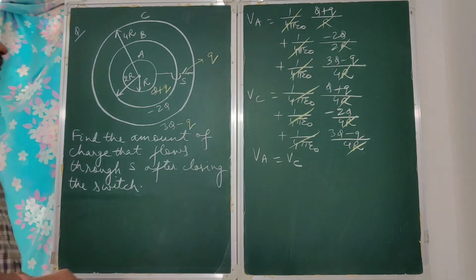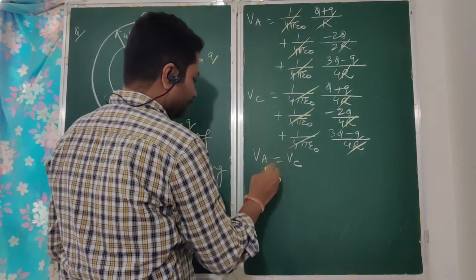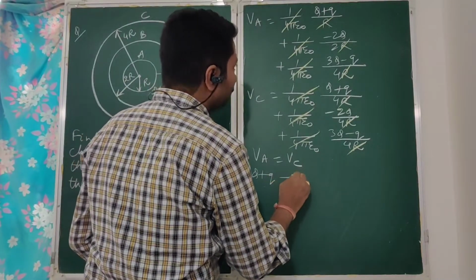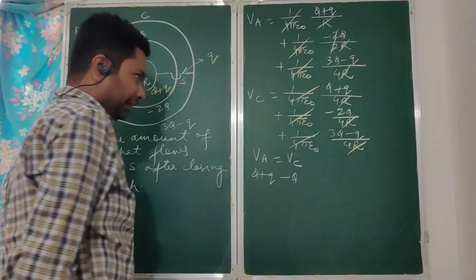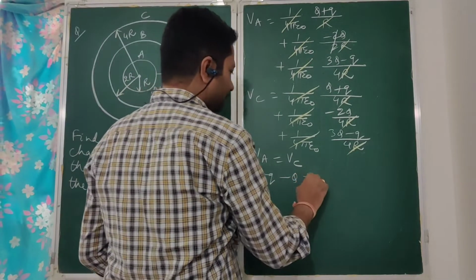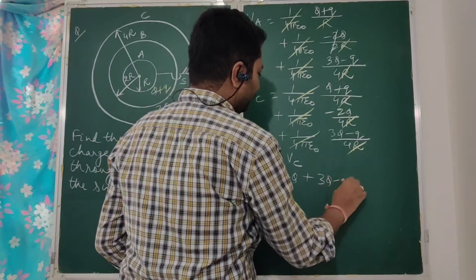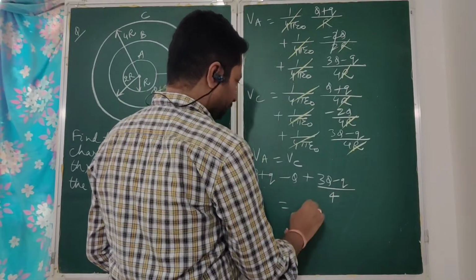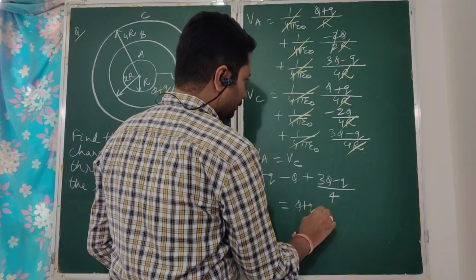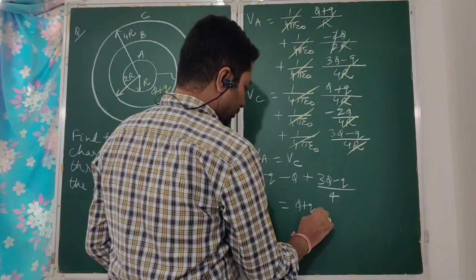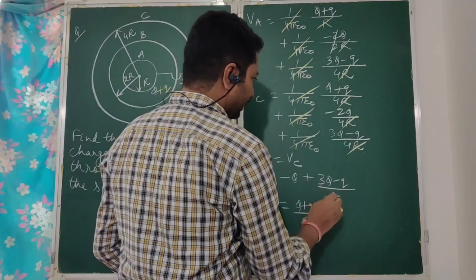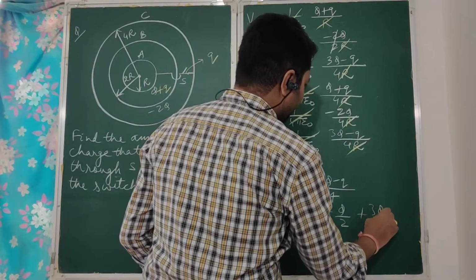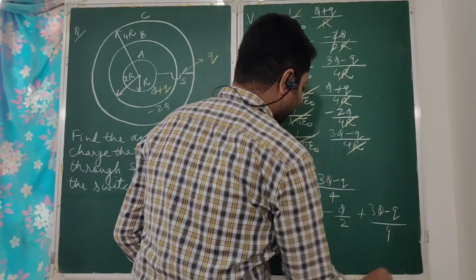So finally what you can write: Q plus q minus q, because this 2 and 2 will also get cancelled, plus (3Q minus q) by 4, and this is equal to Q by 4 minus q by 2 plus (3Q minus q) by 4.